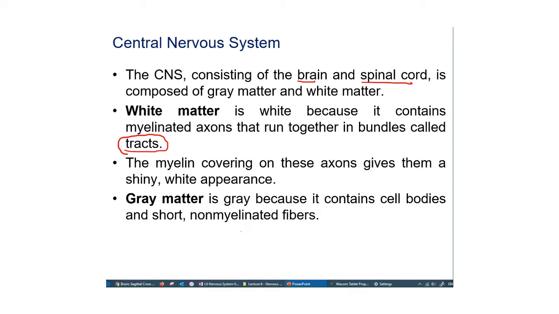So not every axon is going to need to have myelin on it. If it's really, really short, then having that myelin is not really going to increase the speed significantly. So some of these axons are what we call naked axons. They're exposed. They don't have any myelin on them, and that would be part of your gray matter.